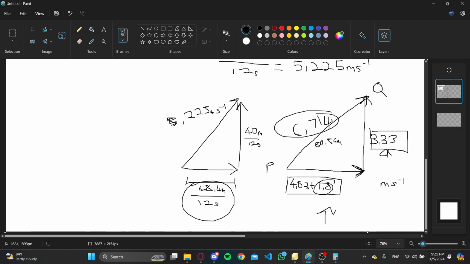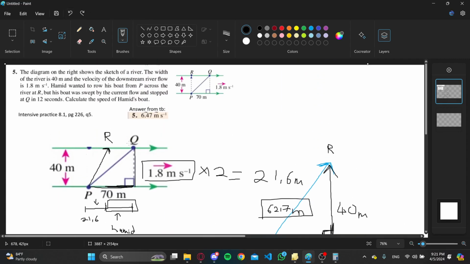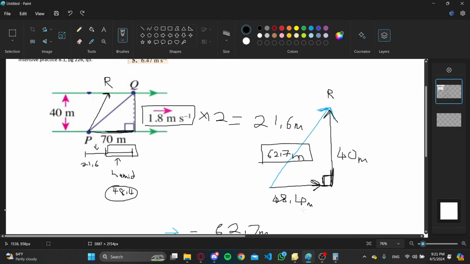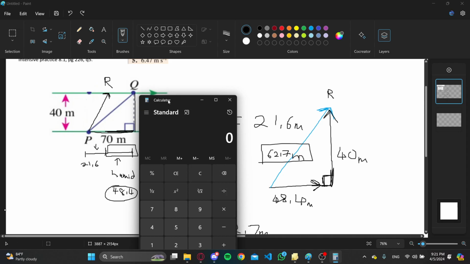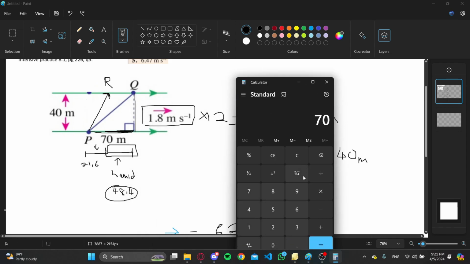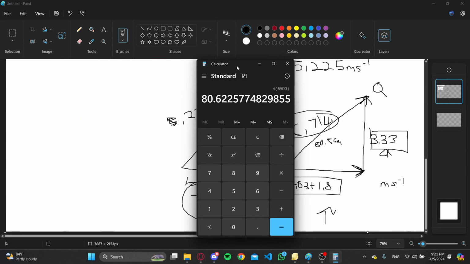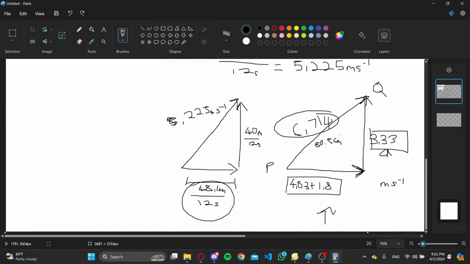This is with the help of the river. And if this PQ over here is 80.56, then I should be right. Okay? So that's 70 squared plus 40 squared. That's this, which is 80.622.